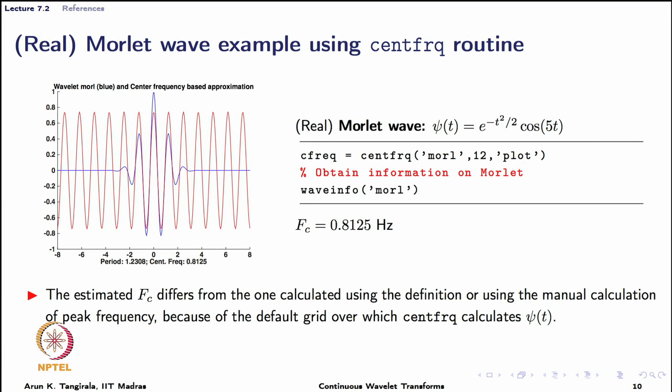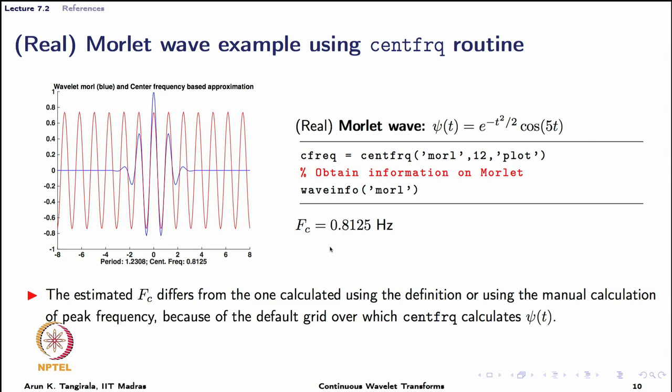And when it comes to the real Morlet wave, again the story is the same. You specify the string MORL to refer to the real Morlet wave. The 12 here as a second argument is asking this routine to compute the Morlet wave over 2 power 12 points on an interval -8 to 8. And you can of course obtain, whether it is CMORWAVF or MORL, more information on these waves by typing in WAVEINFO, but we will not talk about it right now.